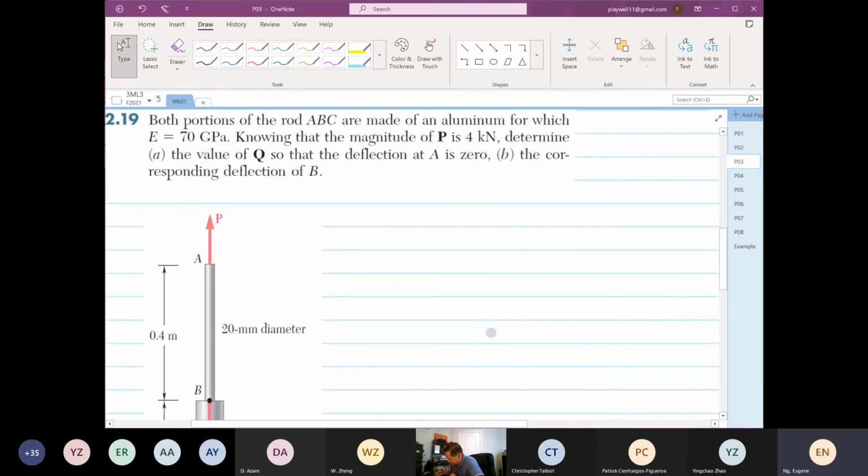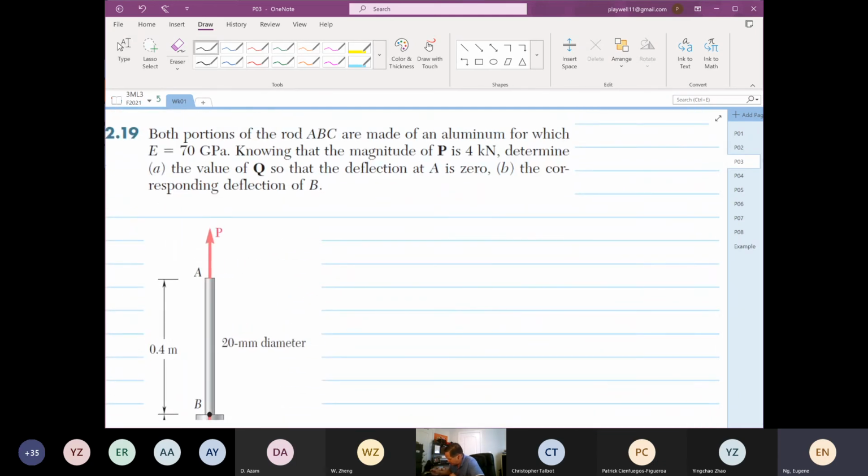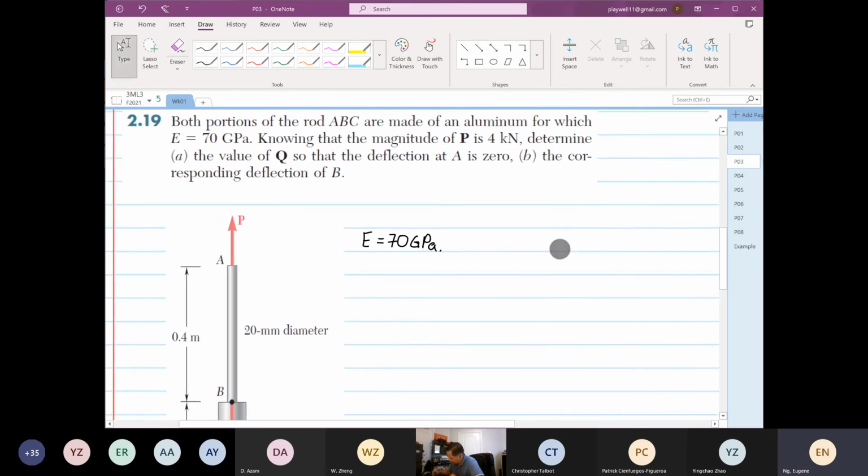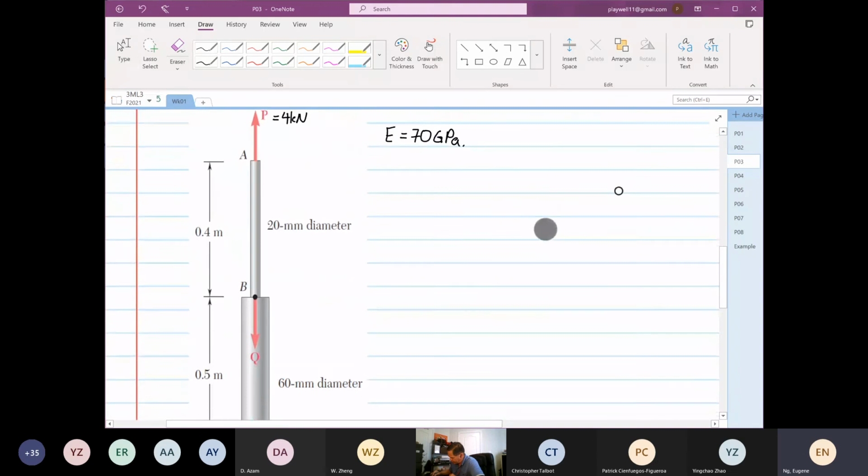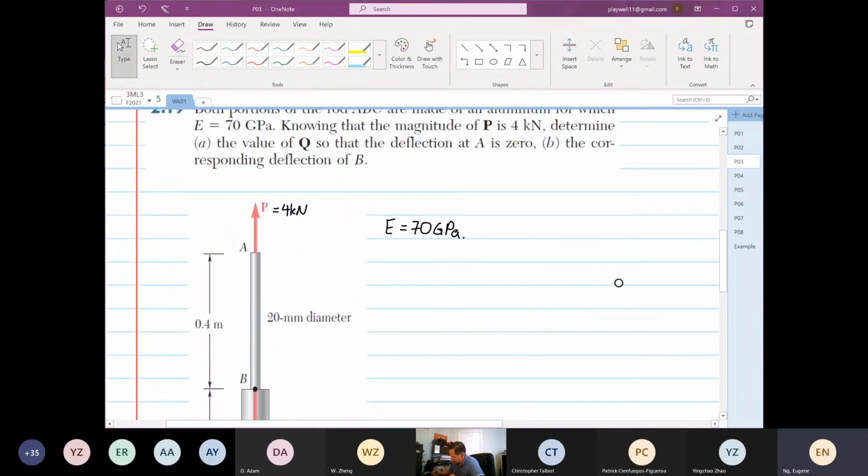So just to quickly write this out. We know that the Young's modulus is equal to 70 gigapascal. And we are given that P is 4 kilonewton. So determine the value of Q such that the deflection at A is equal to 0.